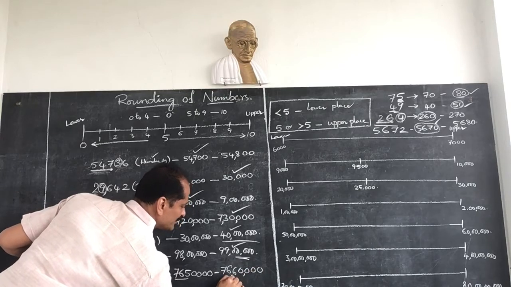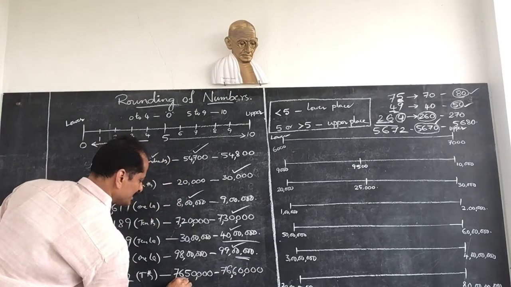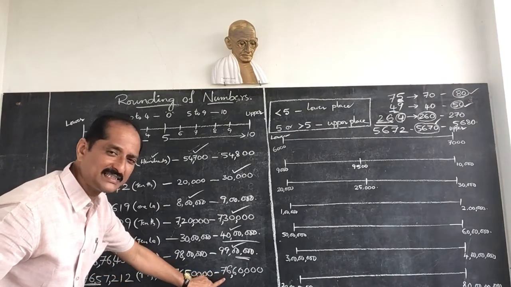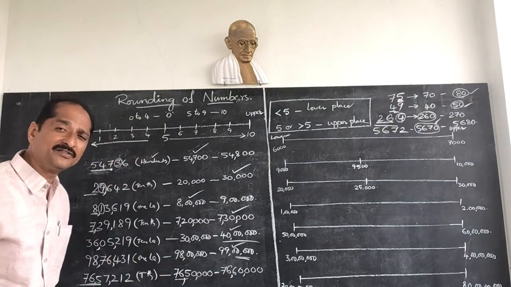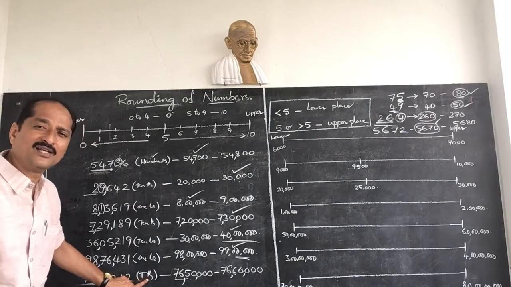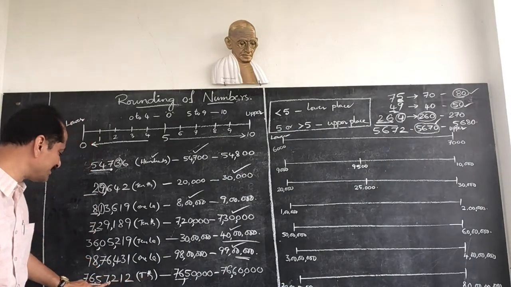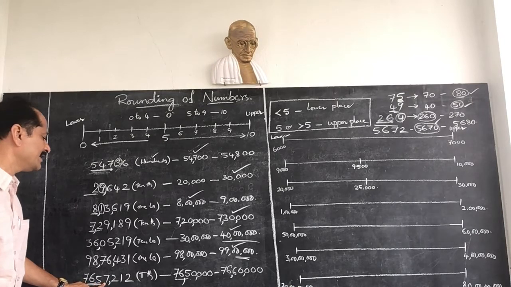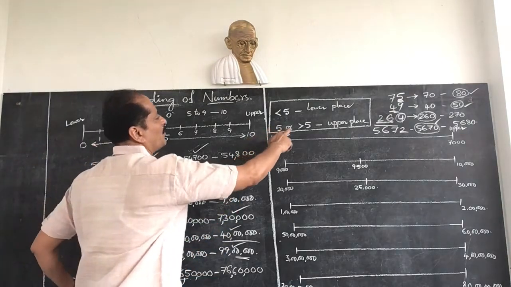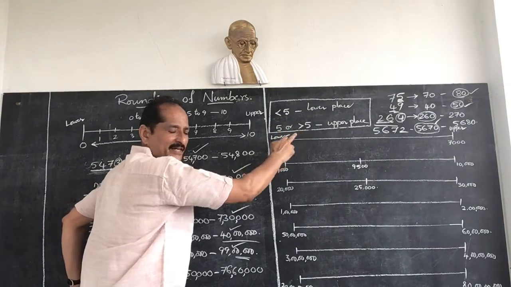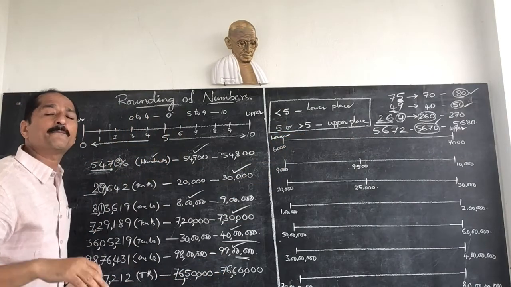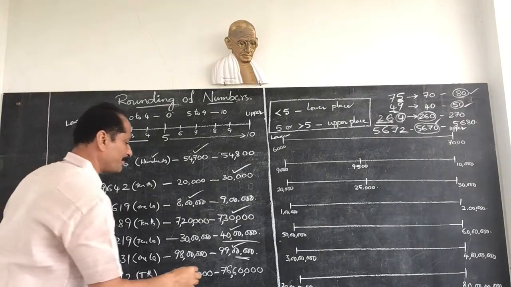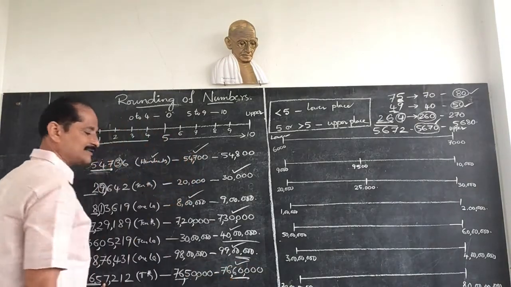So 76 lakhs 50,000 and 76 lakhs 60,000. But then round off cheyali 10,000. Next lower than 10,000's place is 1,000. Digit in 1,000 is 7. 7 is more than 5. So right to the upper 10,000. Should be rounded to upper 10,000. This is the answer.